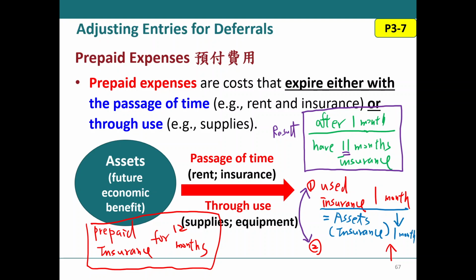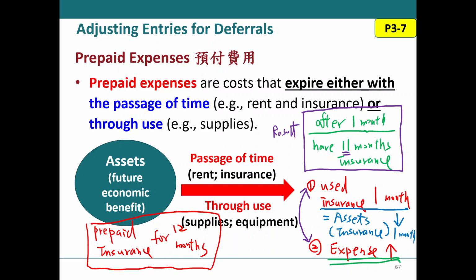Expense. Why expense? When your asset decreases, at the same time your expenses increase.